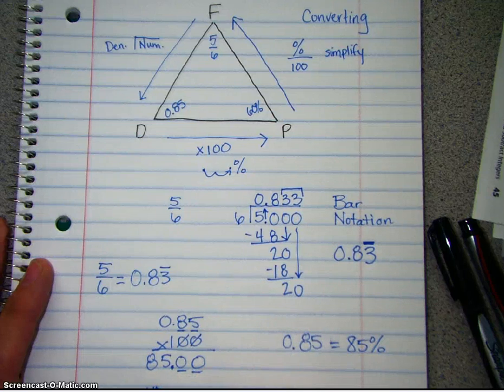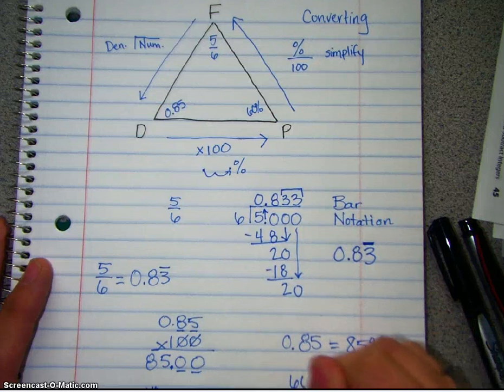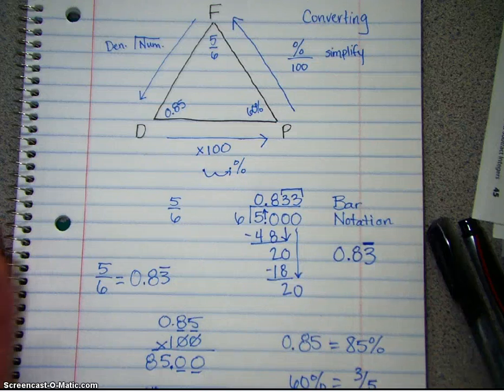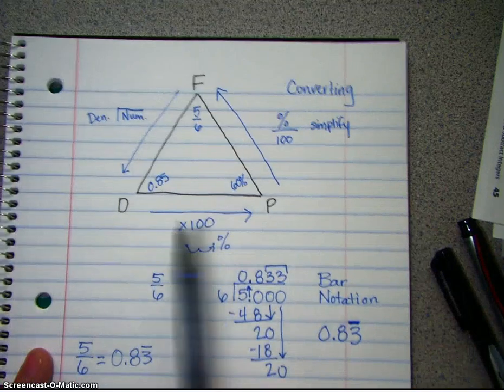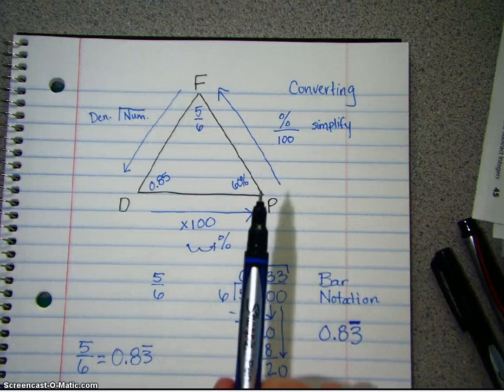I know that both 6 and 10 can be divided by 2, and I get 3/5. So 60% is equal to 3/5.